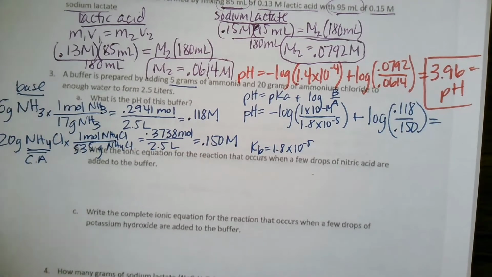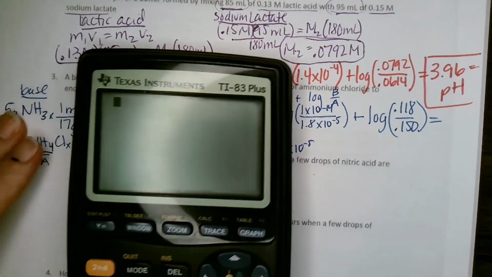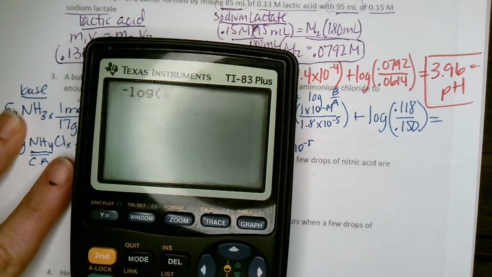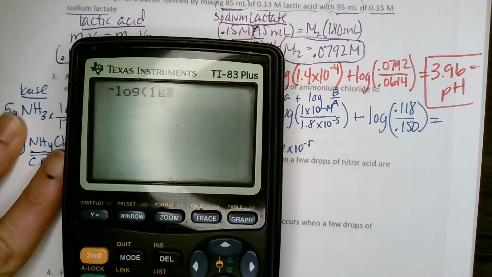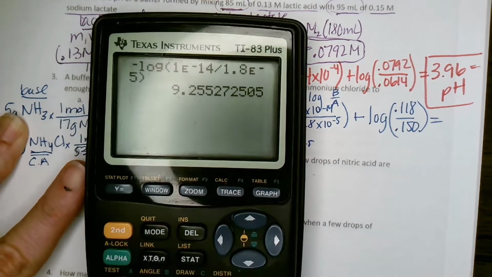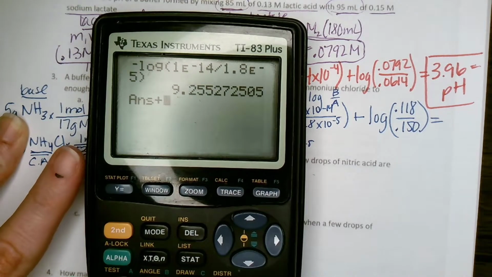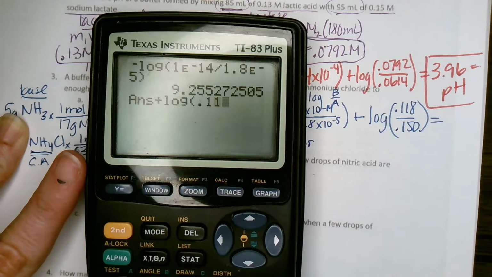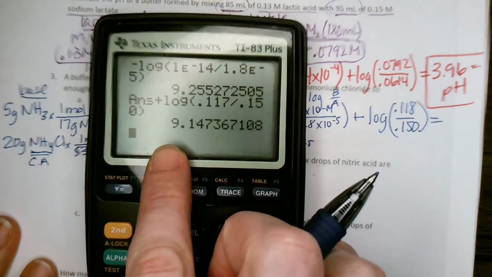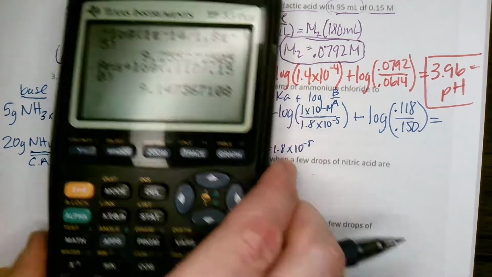Let's see what we get here. The negative log of 1 times 10 to the negative 14th divided by 1.8 times 10 to the negative 5, plus the log of 0.118 divided by 0.150. We get a pH of 9.15.